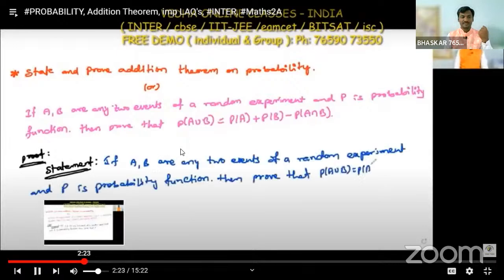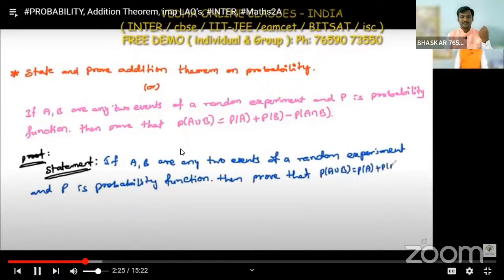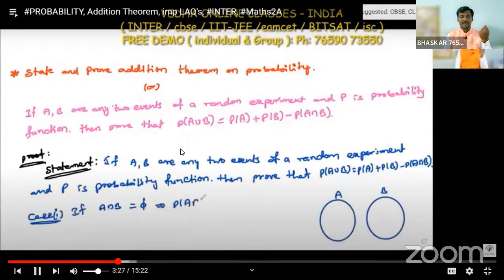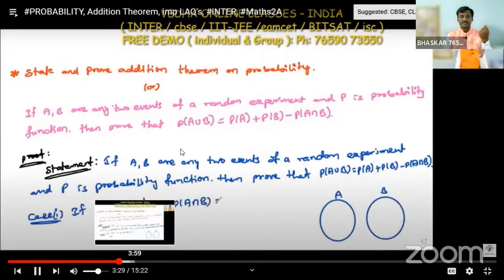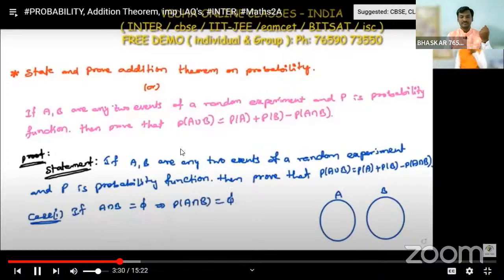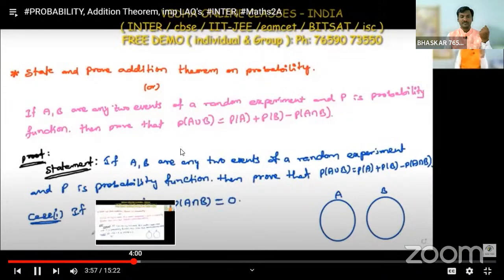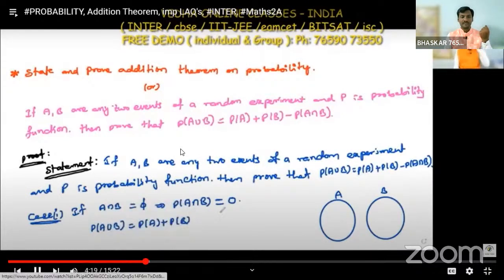Probability of A plus probability of B, minus probability of A intersection B. Okay, so probability of A intersection B is equal to, okay, whenever A and B are given, here we have two possibilities.